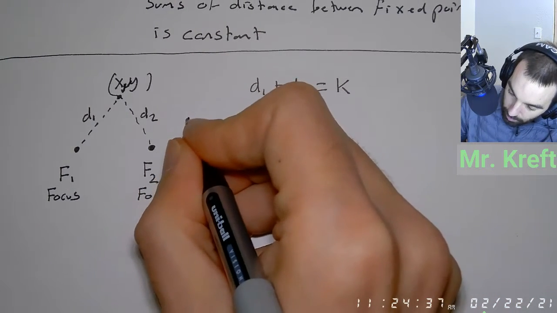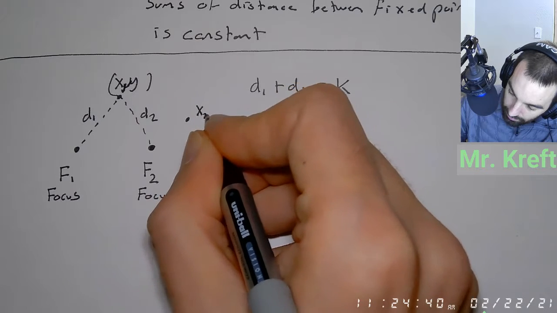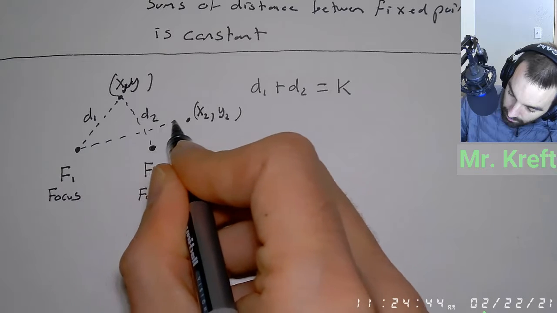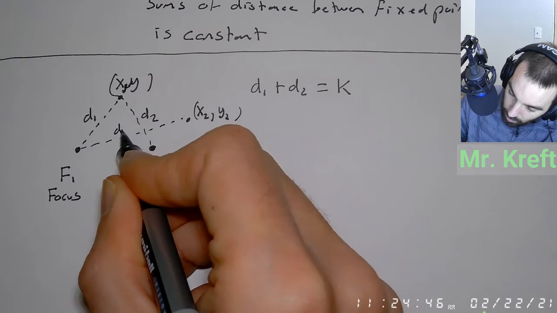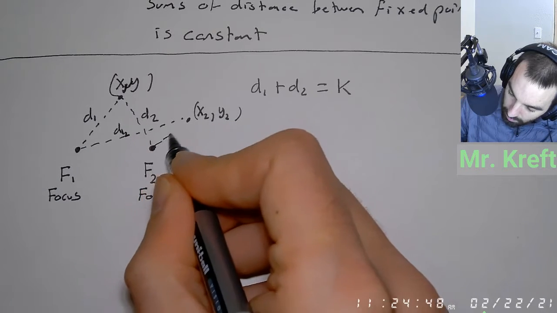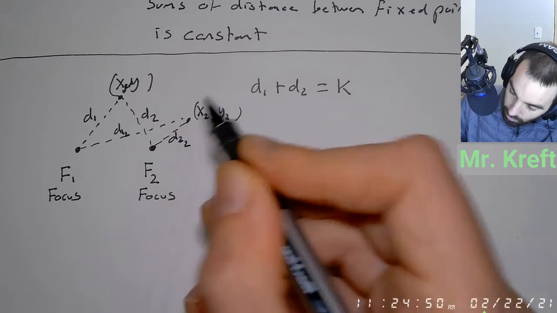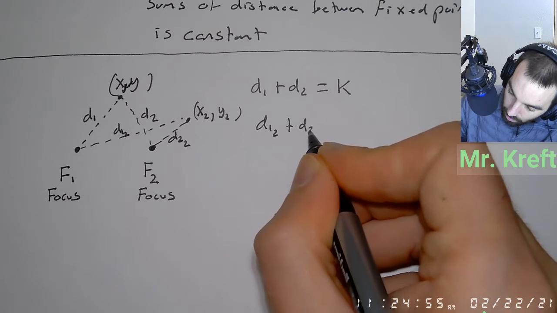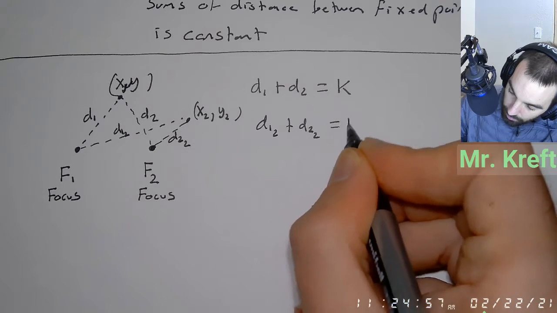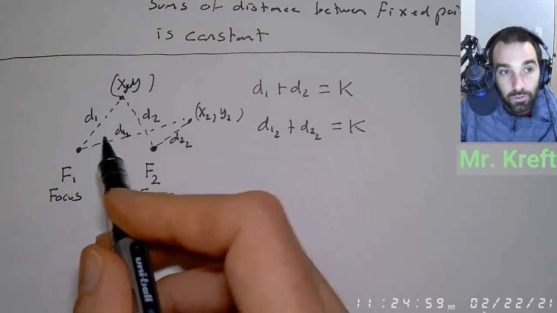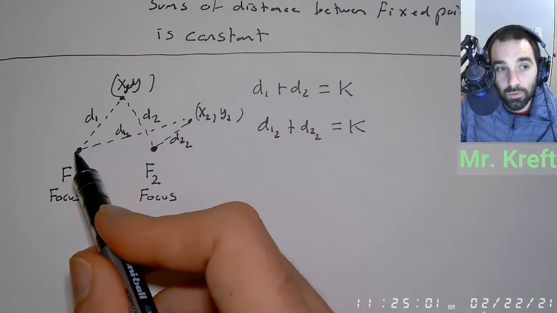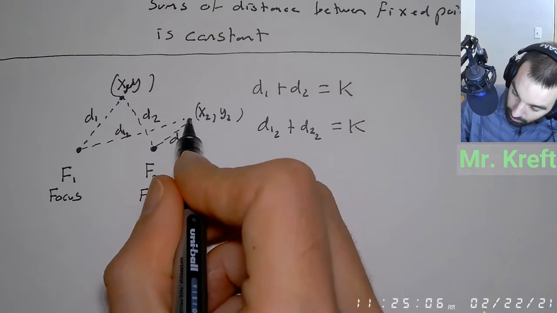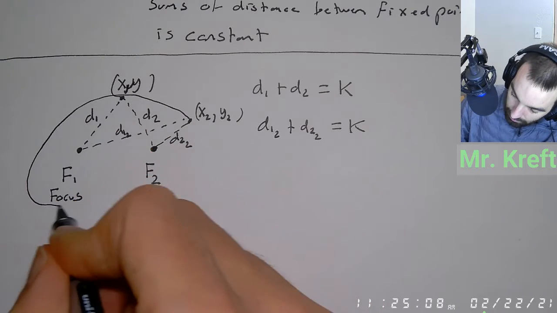For example, if I had another point here, x2, y2, then d1 sub 2 plus d2 sub 2 would equal the same constant. So the sum of the distances from the foci to the point is going to be the same, and this creates an ellipse.